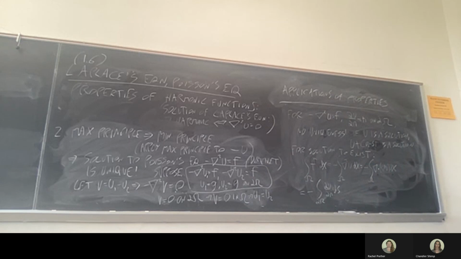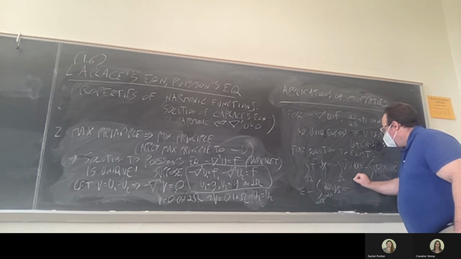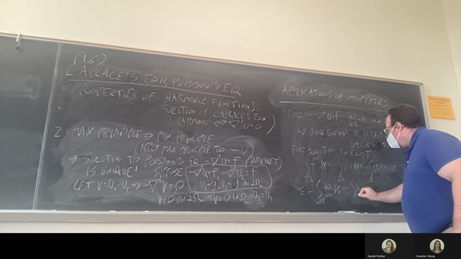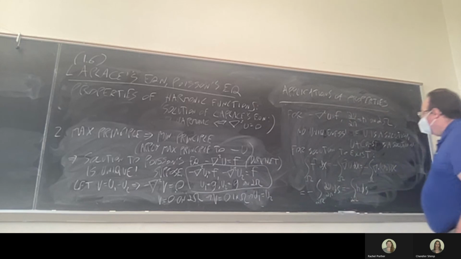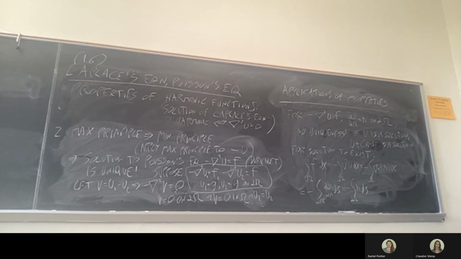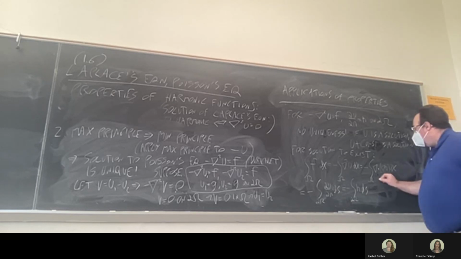But in this case, the normal derivative is prescribed by the boundary conditions. That's the integral of h on the boundary. So the integral of f over the interior must be equal to minus the integral of h over the boundary. This is called a compatibility condition.